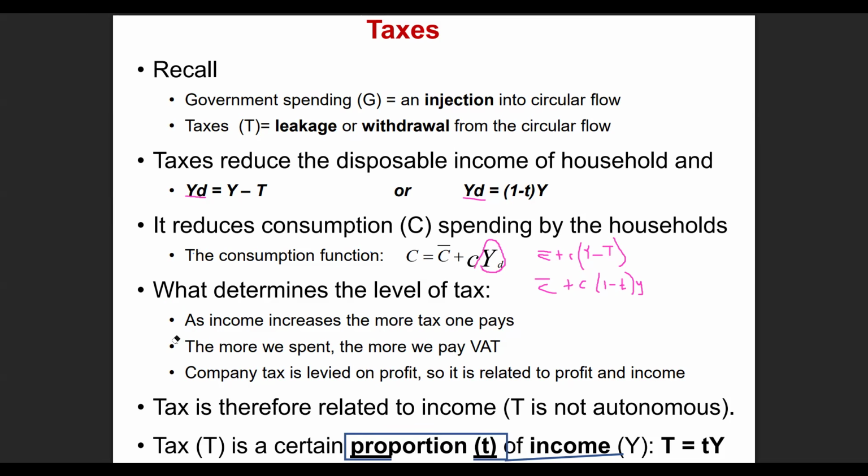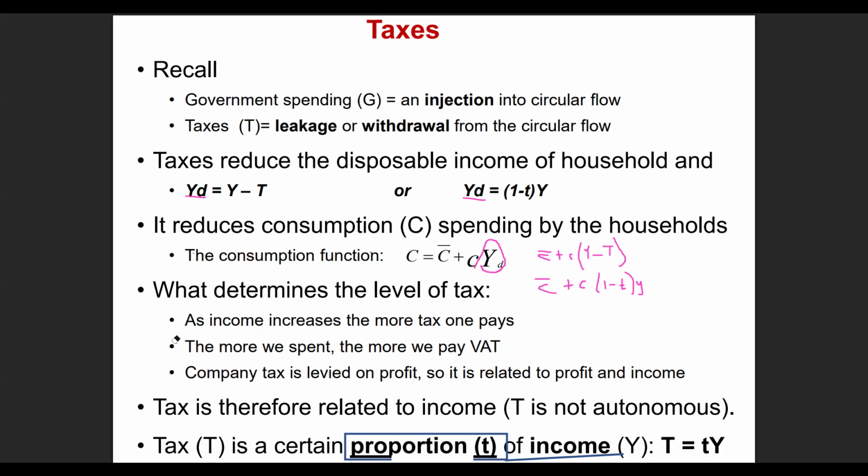The more we spend on goods and services, the more we pay VAT, and VAT is indirect tax that goes to the government. Company tax is levied on profit, so it is also related to profit as well as income.